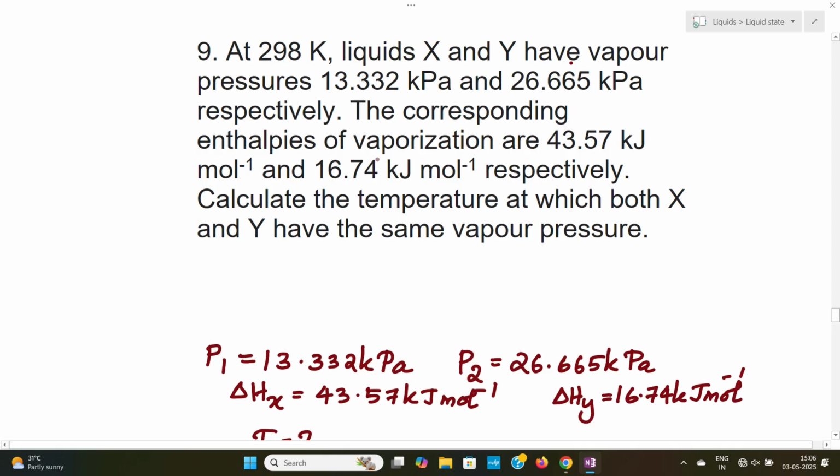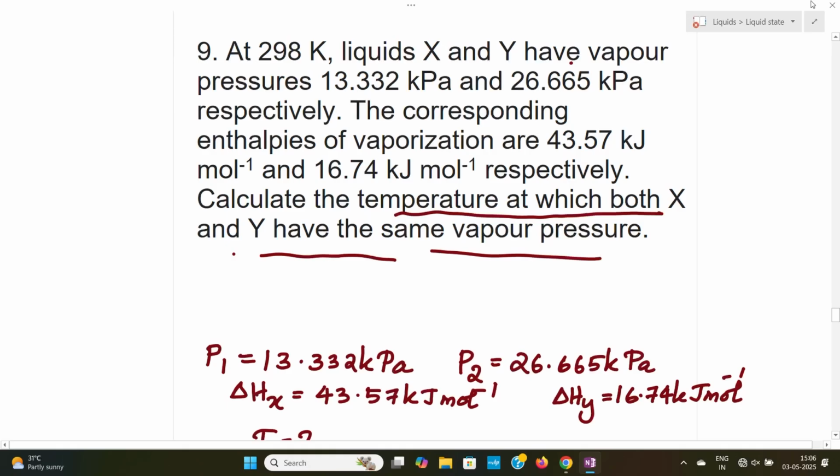The corresponding enthalpies of vaporization are 43.57 kilojoule per mole and 16.74 kilojoule per mole respectively. Calculate the temperature at which both X and Y have the same vapor pressure. So, you have to find out the temperature at which both X and Y have the same vapor pressure.